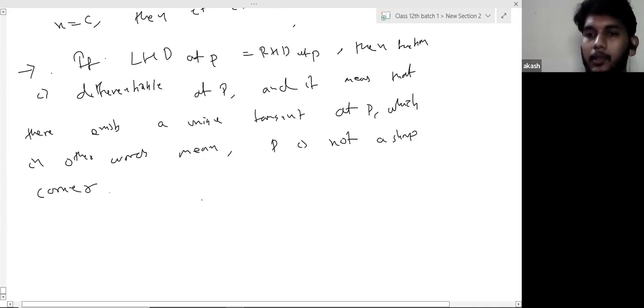Right? As I told you, this means P is a smooth curve, not a sharp corner.